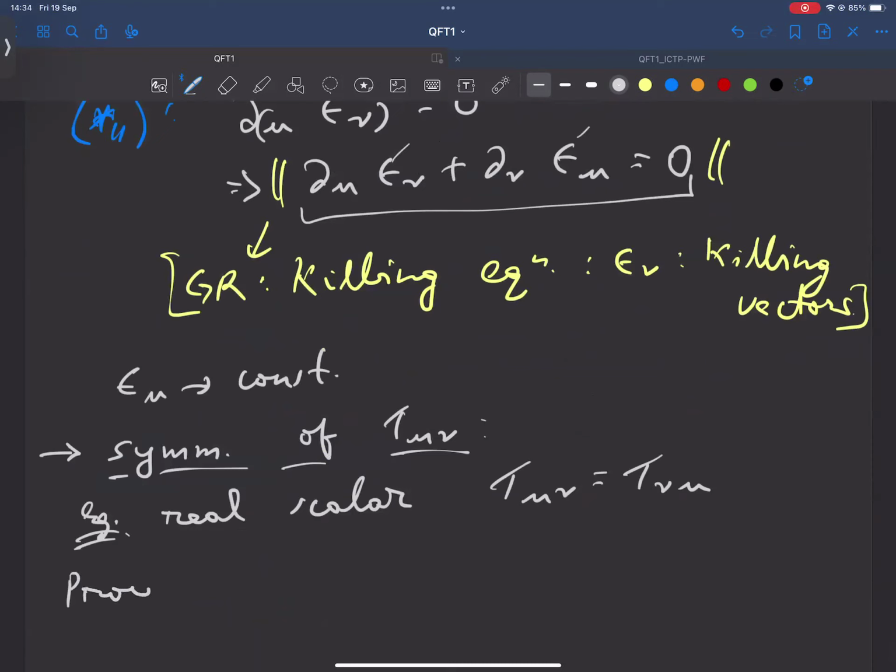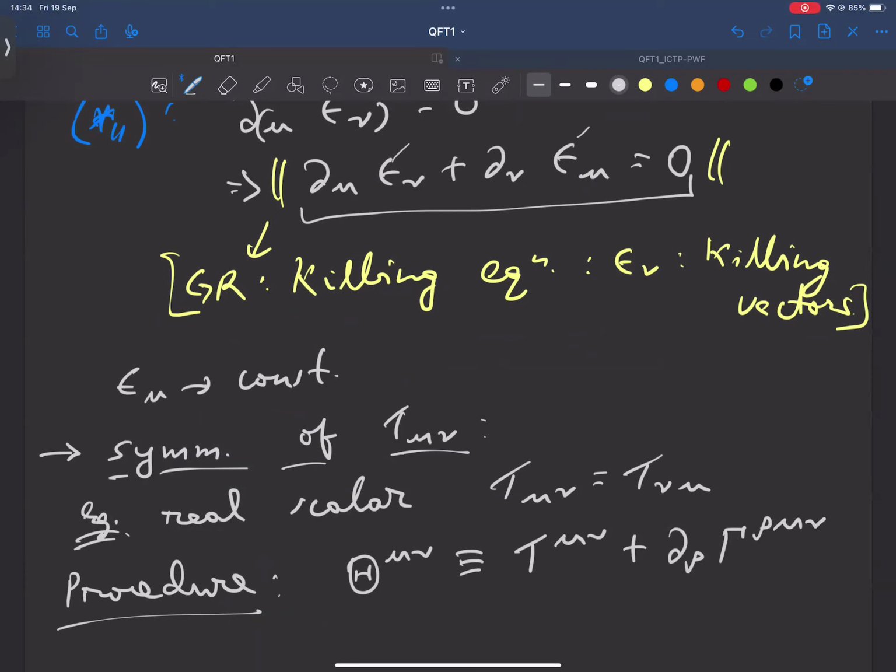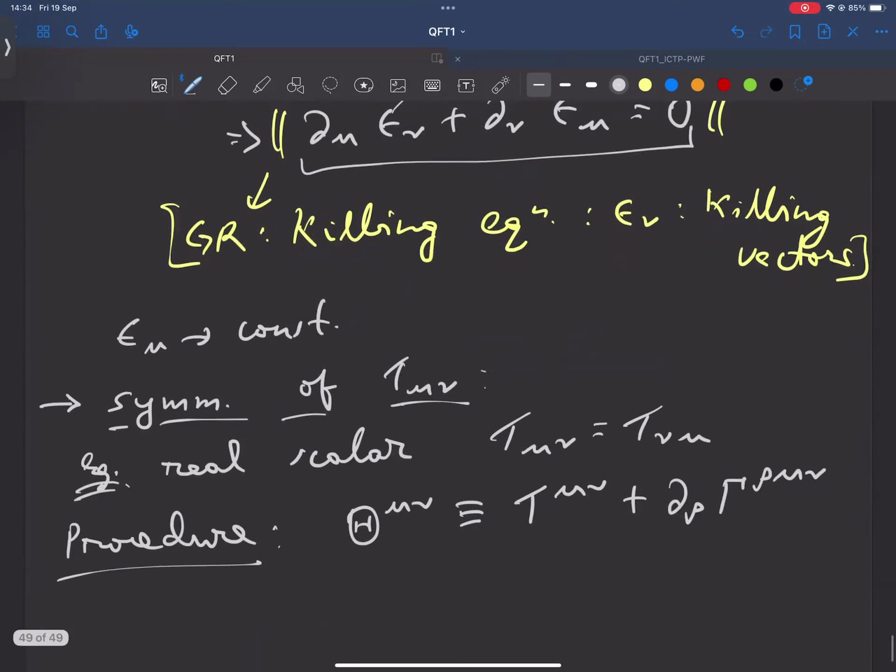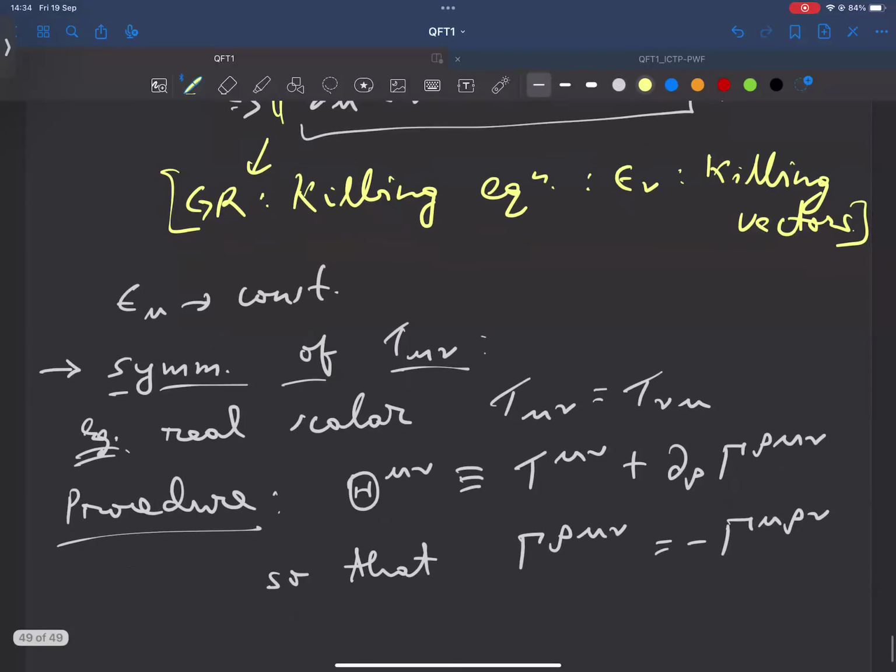Then there is a procedure that one does to make it symmetric. You define a new object theta mu nu as the old object T mu nu plus a derivative of some other guy, so that this gamma rho mu nu is antisymmetric in its first two indices. Okay, so when you interchange rho mu and mu rho, you get a minus sign.